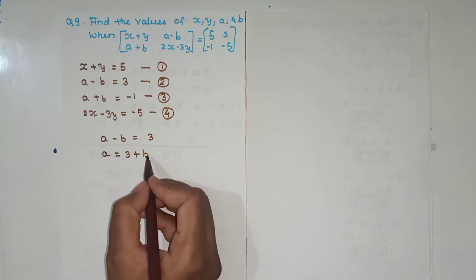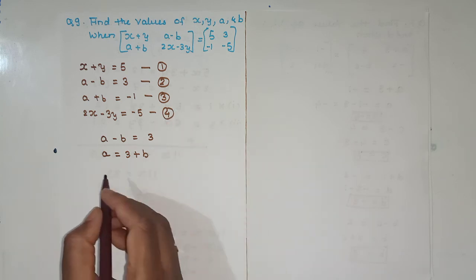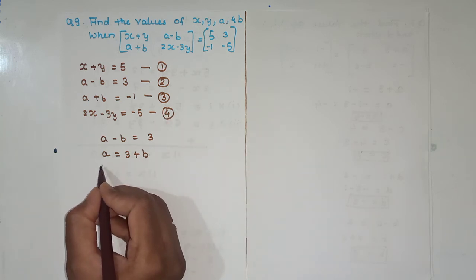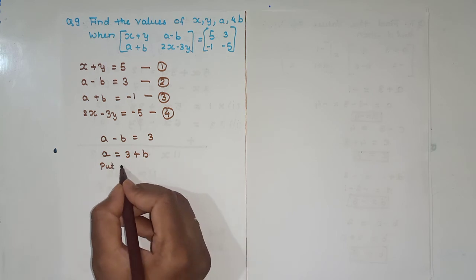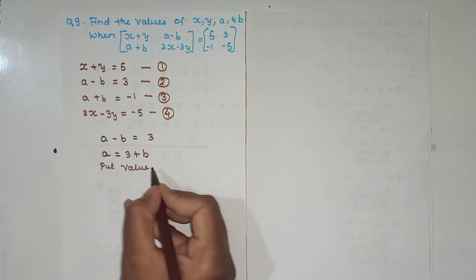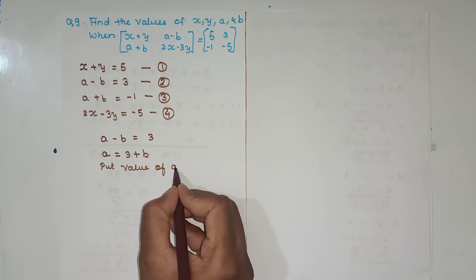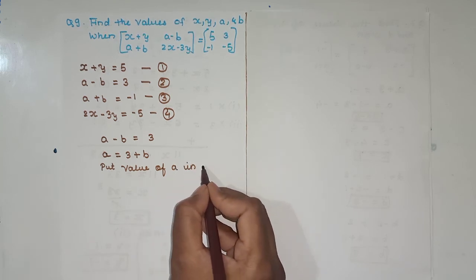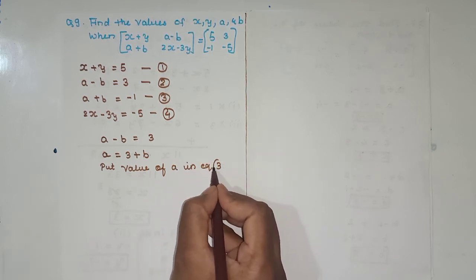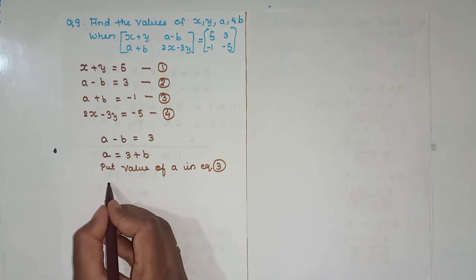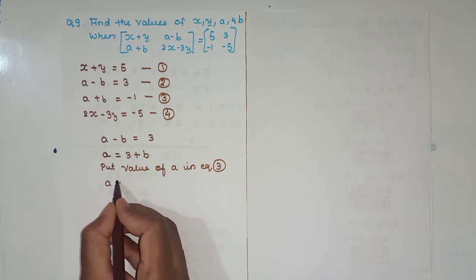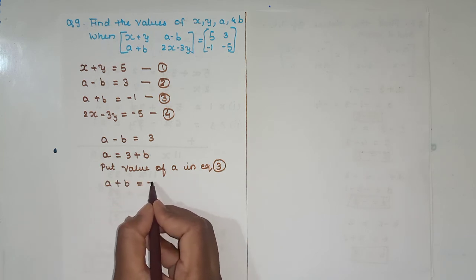Now substitute this value in your next equation, that is your third equation. Put value of a in equation 3. So what is your equation 3? A plus b equals to minus 1.